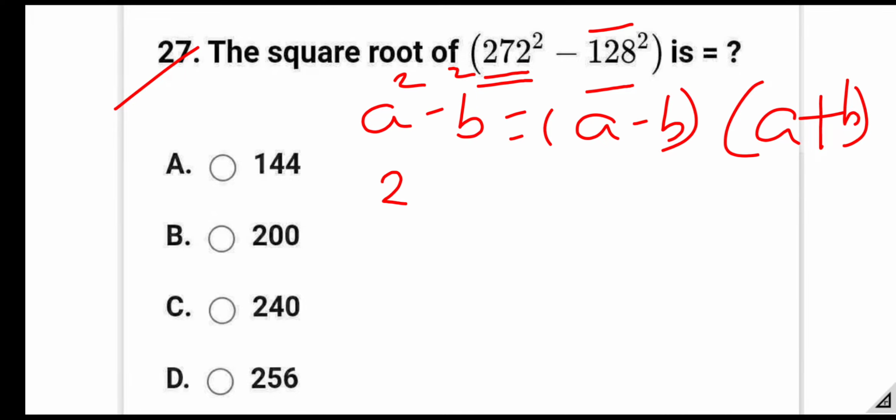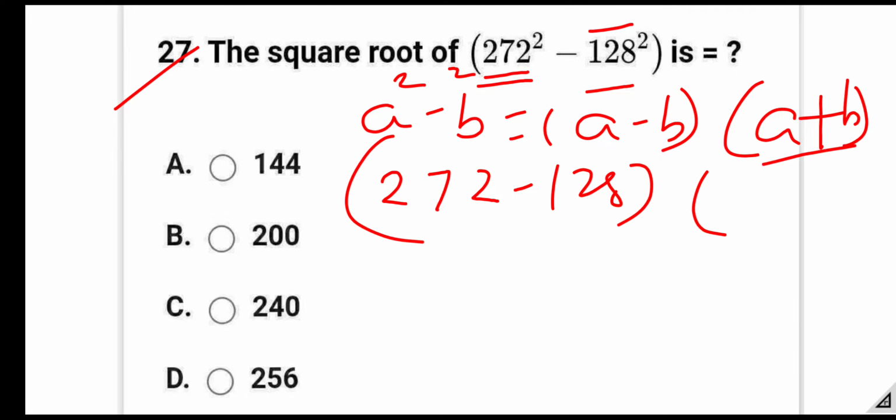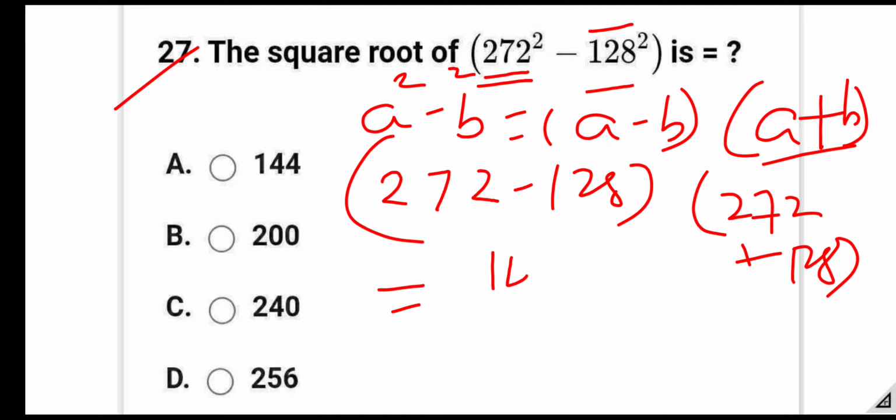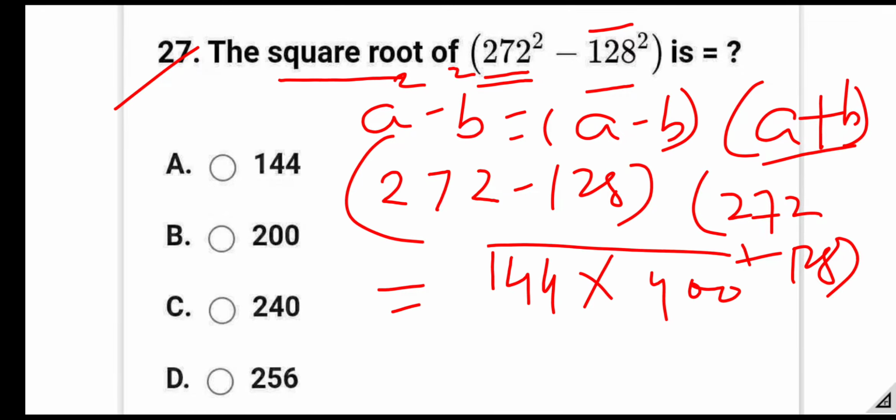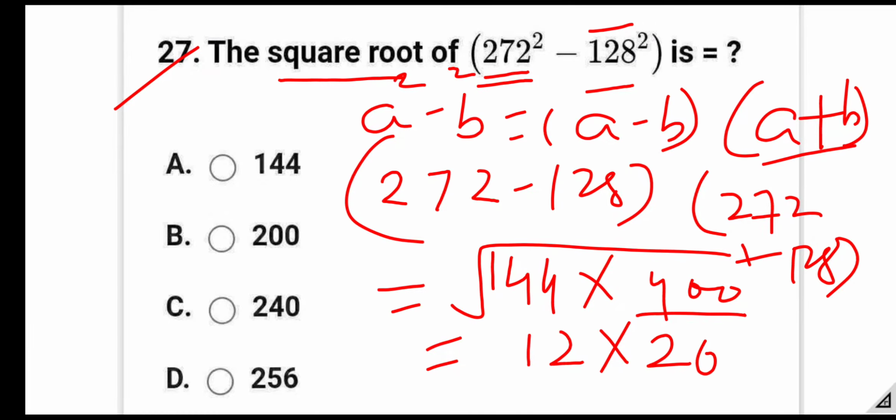By using this formula, 272 minus 128 and 272 plus 128, which is further equal to 144 and 400. Now by taking square root, we get square root of 144 is equal to 12 and square root of 400 is equal to 20. Now by multiplying 12 and 20, we get 240. So C is the right option.